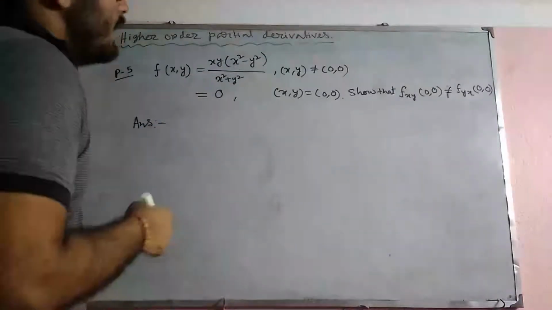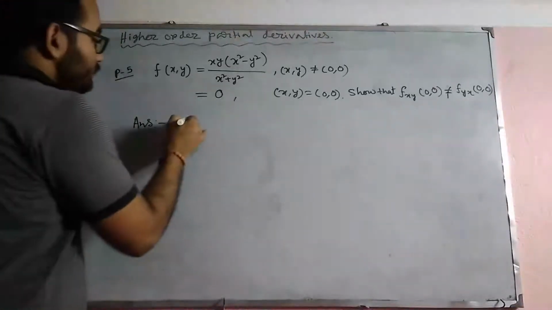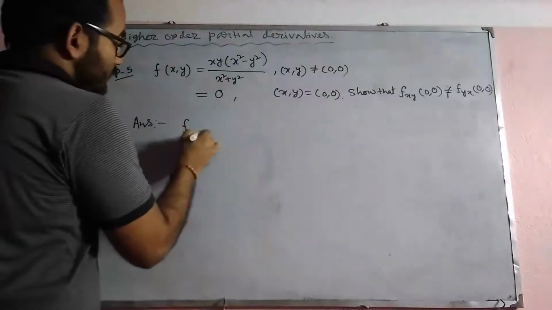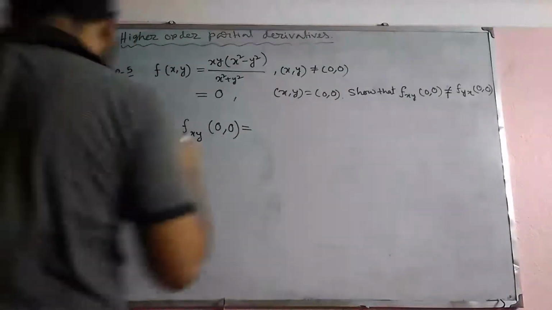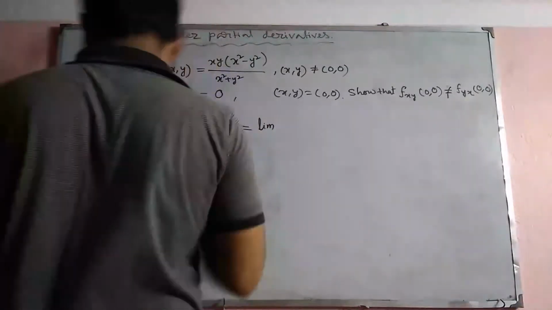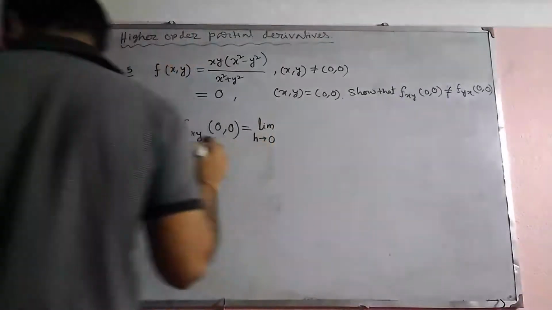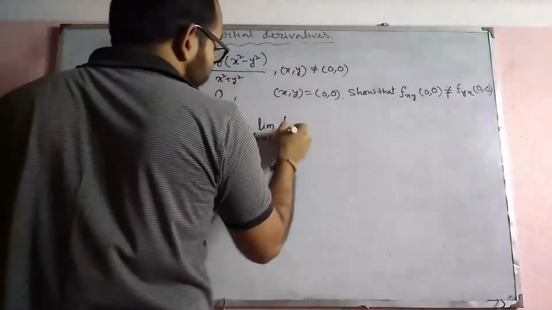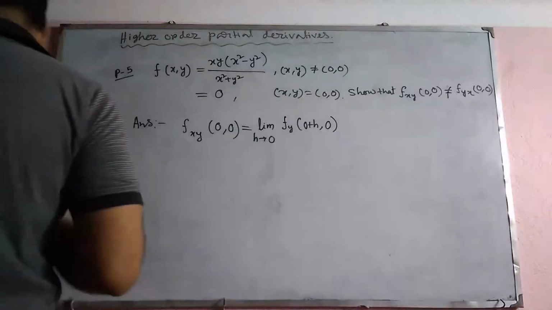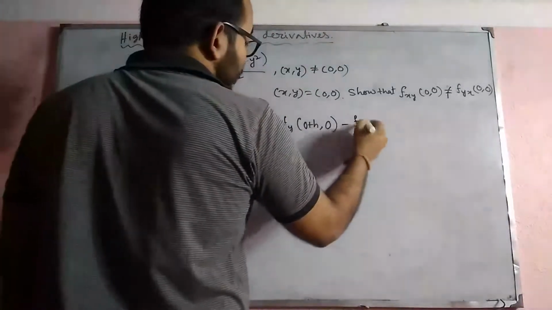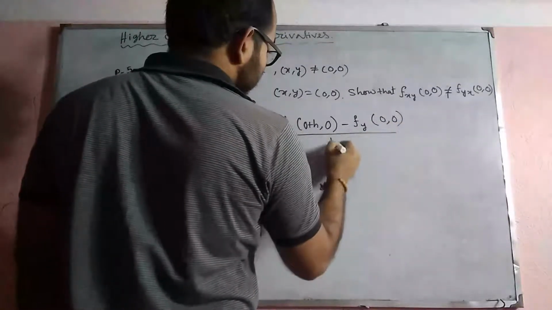At first I am writing the definition of f xy at (0, 0). f xy at (0, 0) is equal to limit h tends to 0 of f y of (0 plus h, 0) minus f y of (0, 0) by h.